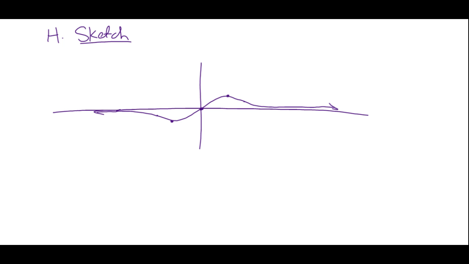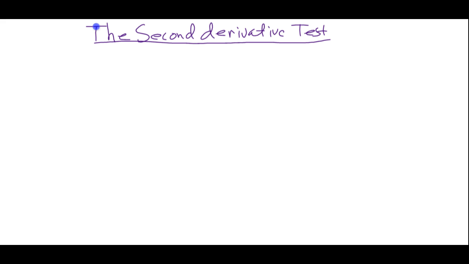All right, let's throw one more thing in. Second derivative test, another application. We know if the second derivative is 0, then we should have a point of inflection there, right? It could be a change in concavity. We can also use the second derivative test to test for maxes and mins.